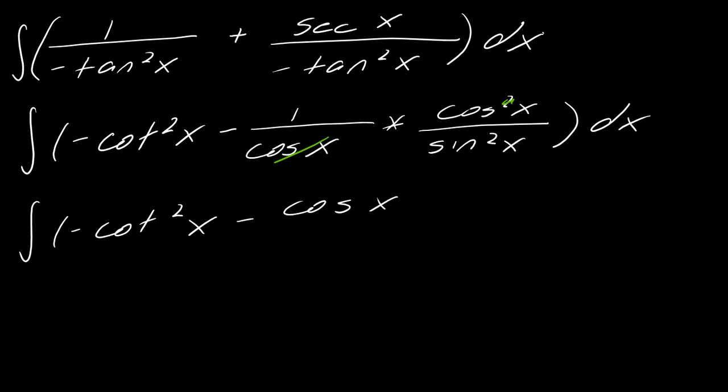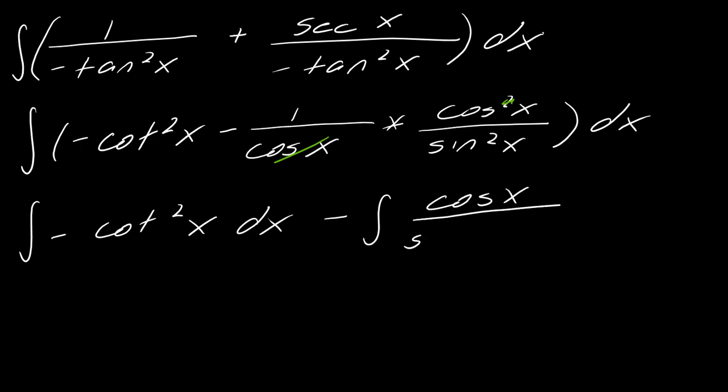Actually, I'm going to break this into two separate integrals now. So let's call this negative cotangent squared x dx, and then minus cosine x over sine squared x dx. Okay, cool. Now I'll use my own brand name here. Let's divide and conquer. So for this cotangent squared x, this I cannot integrate, right?